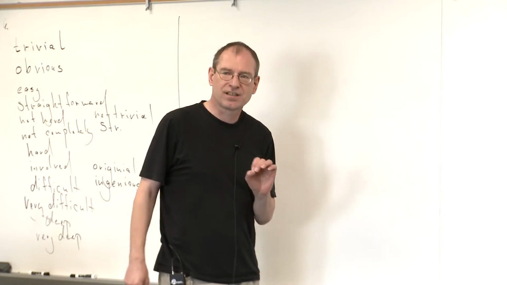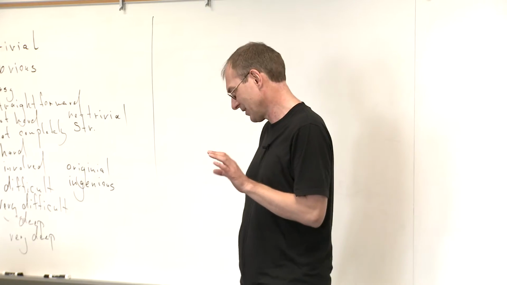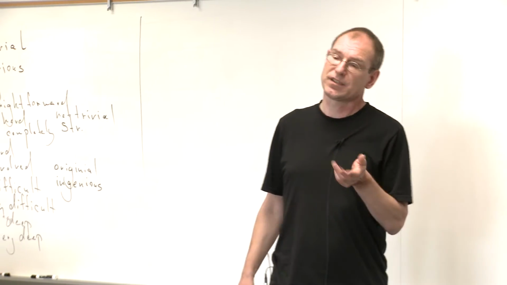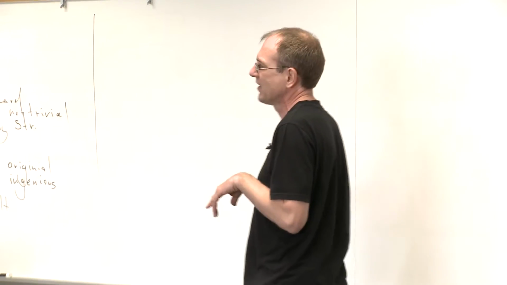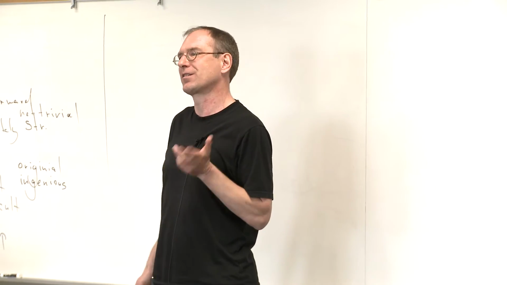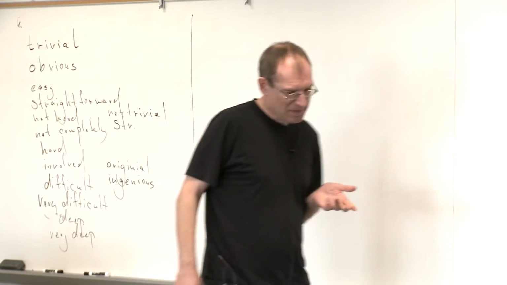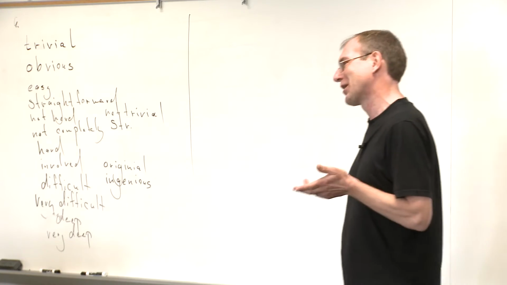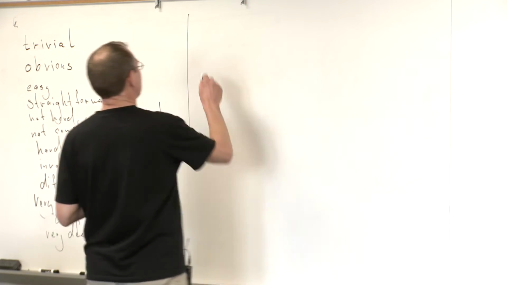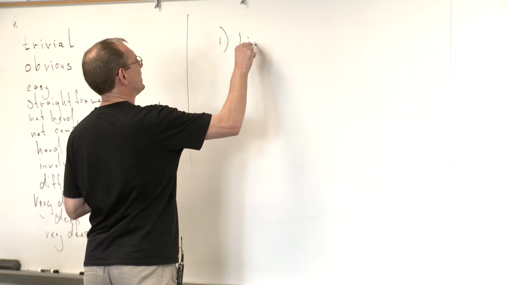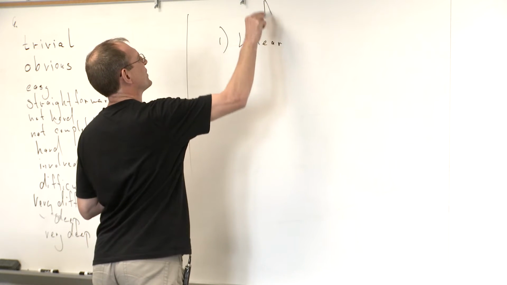But let me start with something that we already saw yesterday in the discussion. Let me start with something of the opposite type, namely, let me collect a couple of things that I do not consider deep. Essentially everything that we teach to our undergraduates is not deep. I would say the whole area of linear algebra is not deep.